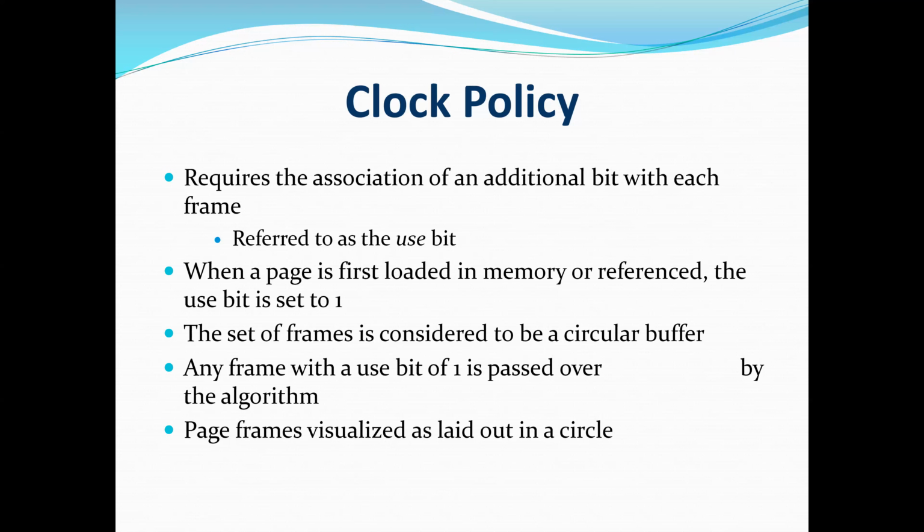If all of the frames have a use bit of 1, then the pointer will make one complete circle through the buffer, setting all the use bits to 0, and stop at its original position, replacing the page in that frame. We can see that this policy is similar to first in, first out, except that in the clock policy, any frame with a use bit of 1 is passed over by the algorithm.